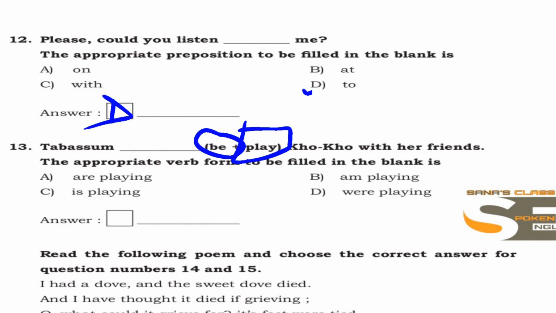So can you use Tabassum are playing, or Tabassum am playing, or Tabassum is playing, or Tabassum were playing? Which is the right option? Just check out. So answer is option C. Tabassum is playing Coco with her friends. Let us go for next question.